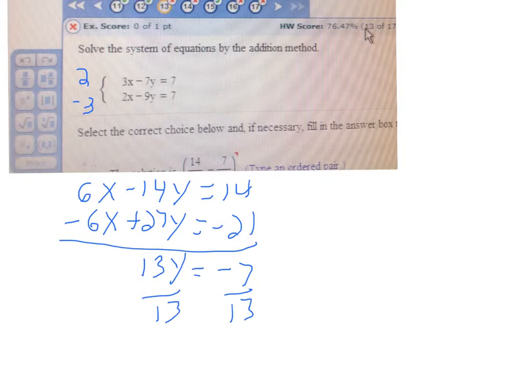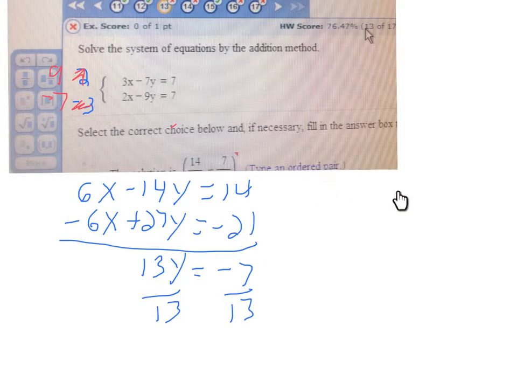So I'll do that in red. Let's see. The coefficients of the y are negative 9 and 7. They both go into 63. I need to multiply one of the equations by 9, one of the equations by 7. I need to make one of them negative. And so I'm going to multiply the top equation by 9, bottom equation by negative 7.